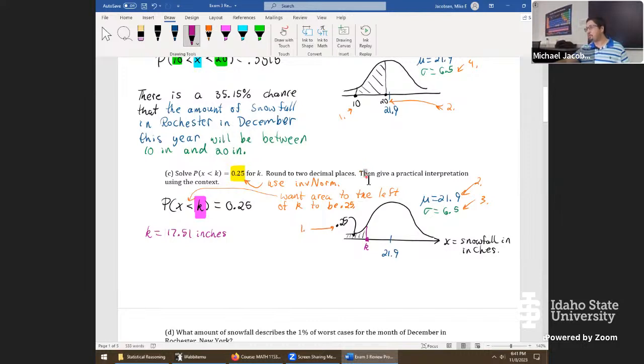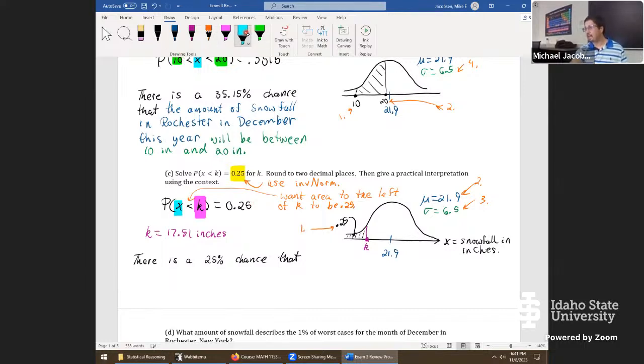But now we have to go to this right here and give a practical interpretation. Any questions or comments first? Okay, well, it goes pretty much the same exact way. Here we could say there's a 25% chance that.